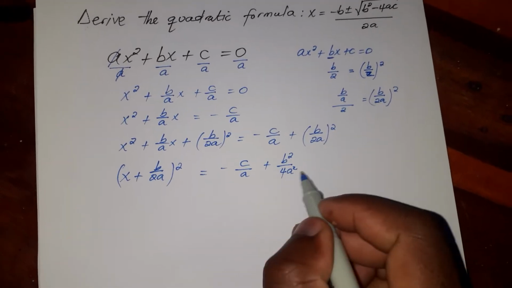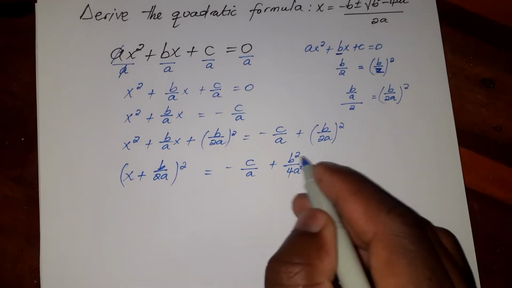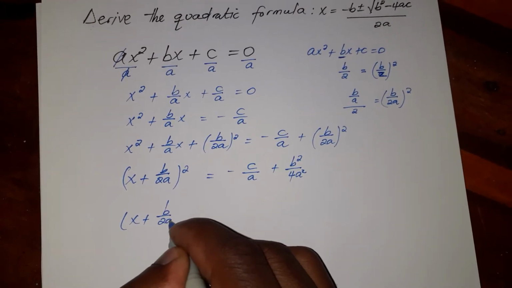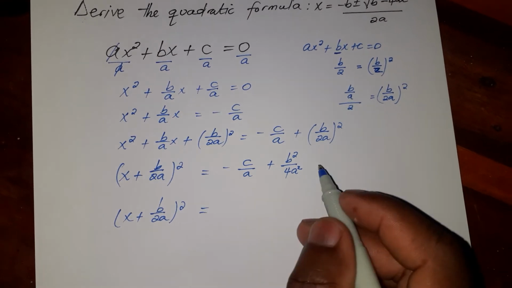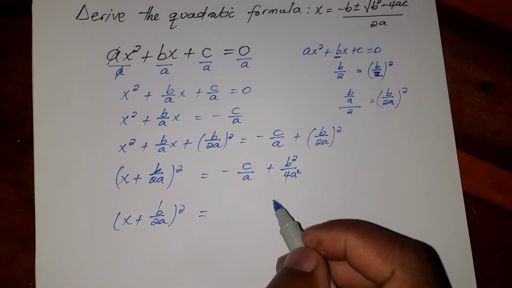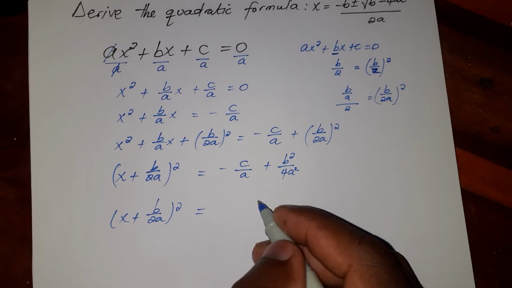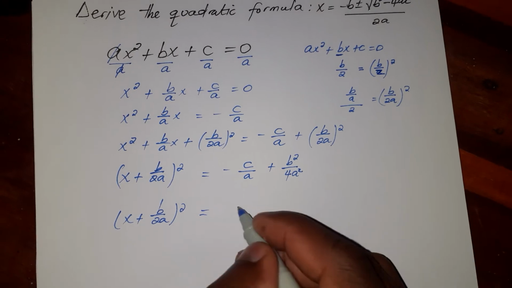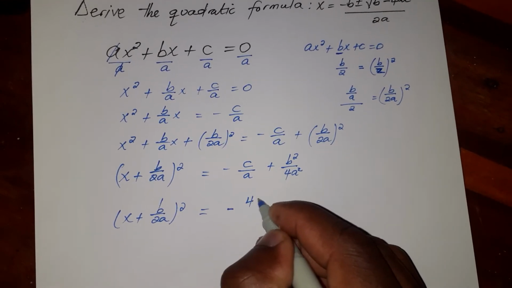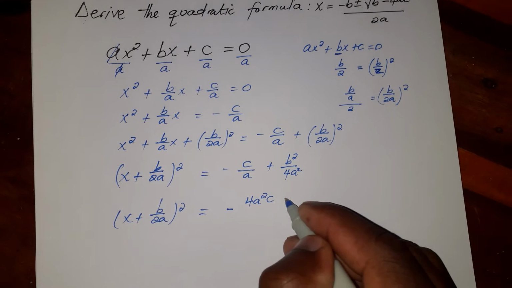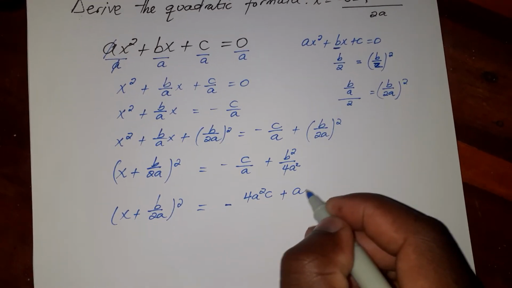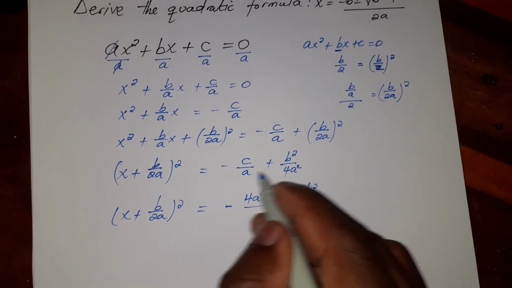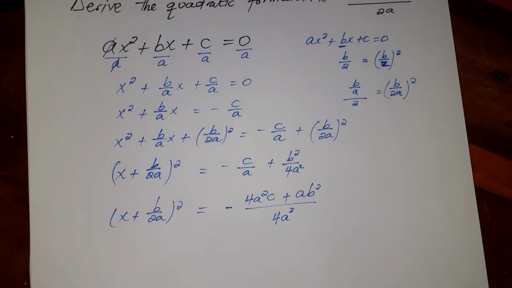Now let's work on what we have this side. We have x plus b over 2a squared equals, and we now have to make the denominators the same. In doing that, we multiply this c times that, and then you are going to have 4a squared c, and then plus b squared over 4a squared.